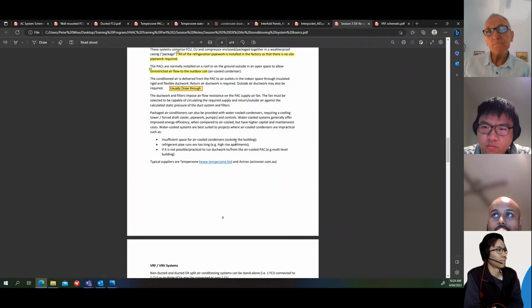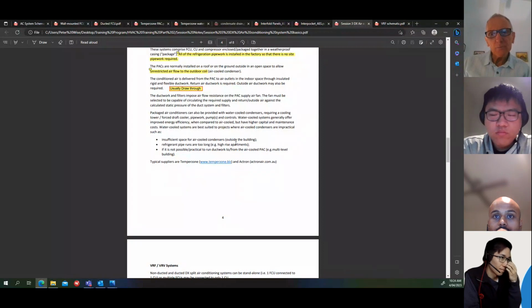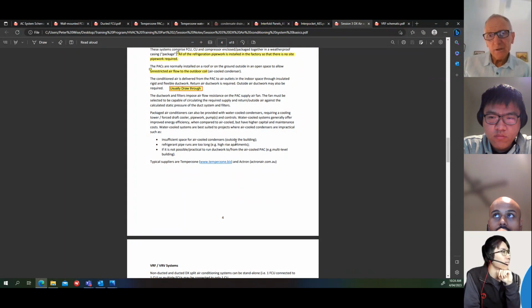We could have used an air-cooled chiller on the roof, but the university decided that they were happy with having water-cooled package units in each space and then putting a cooling tower outside. Now, I can't remember where we put the cooling tower. It might have been on the ground because universities have a bit of open space available. But generally, they tend to go on the roof.